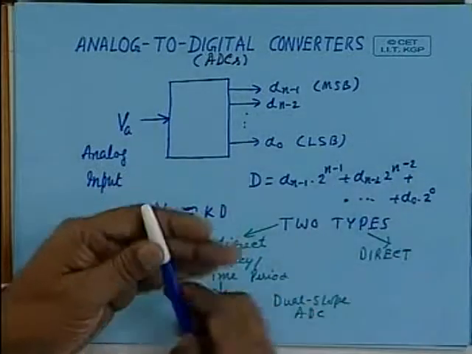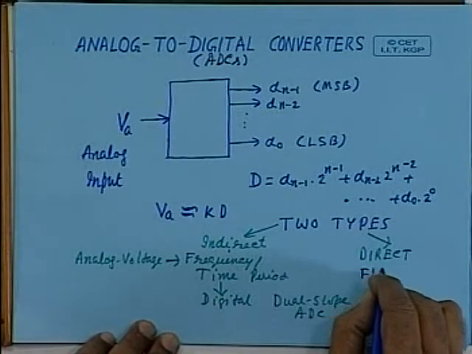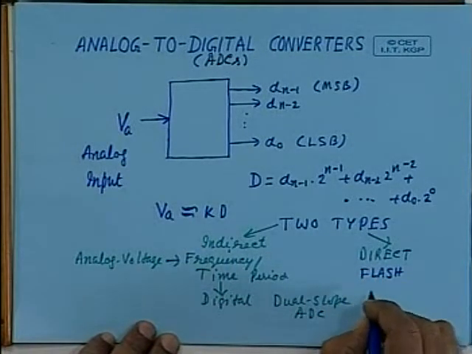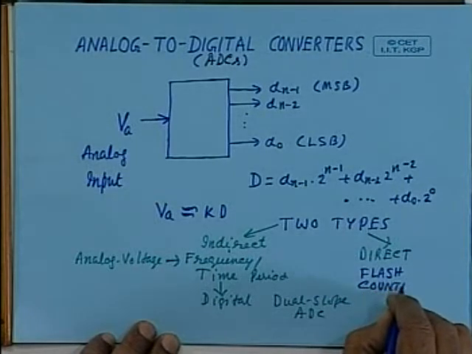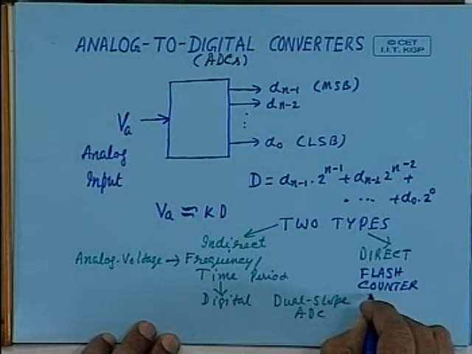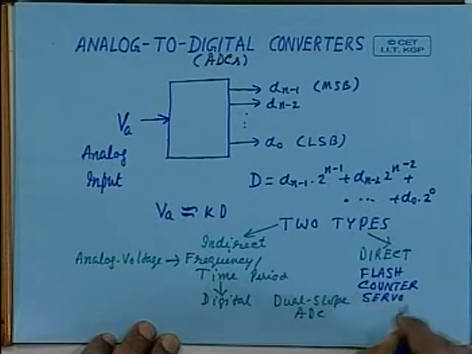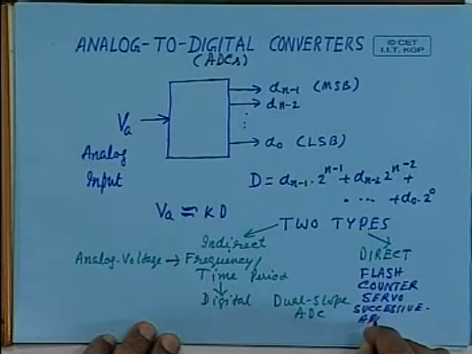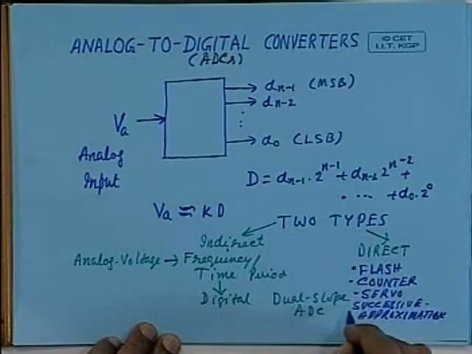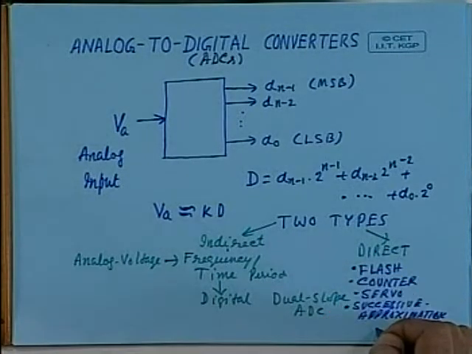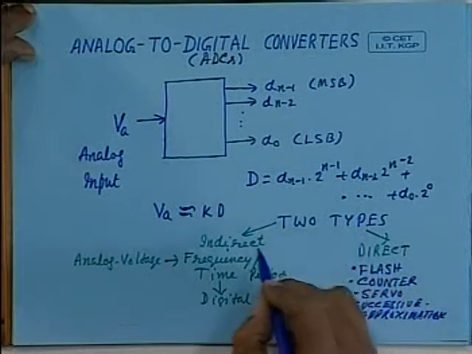The different types are, number one, flash type, second, counter type, third, servo type, fourth, successive approximation type, and so on. So these are the popular direct types of AD converters. We shall discuss both types of AD converters.